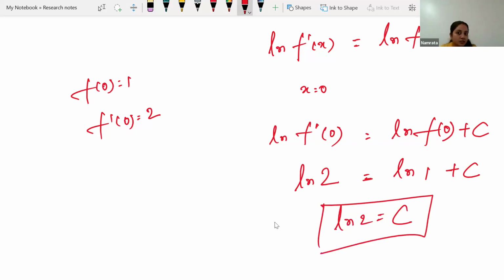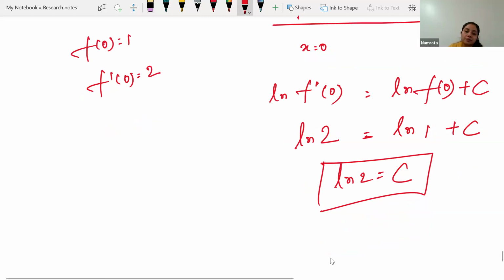So far what have we done? We have just solved the determinant and arranged it to do the integration. After that, we used the given condition and found the constant of integration. Now we will just substitute it back into our solution. So this is the solution step: we just put the value of c.